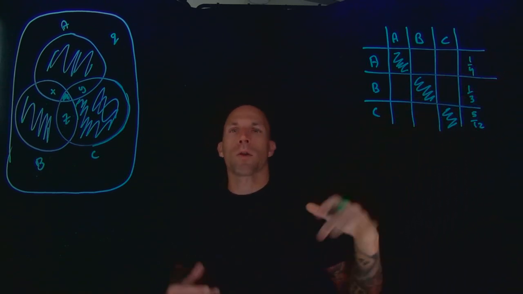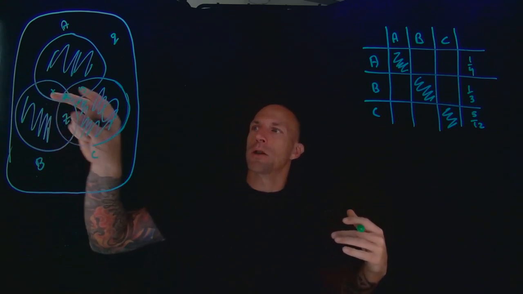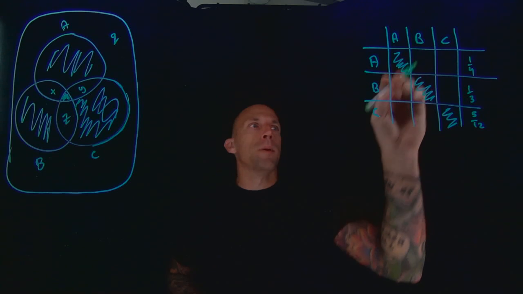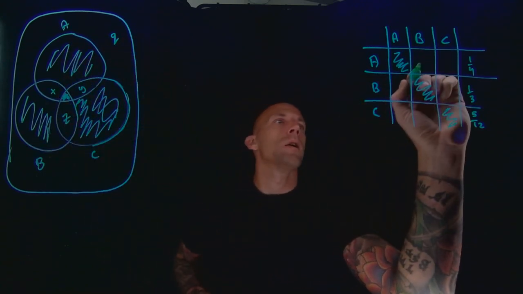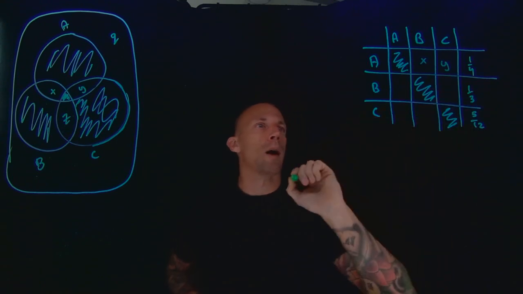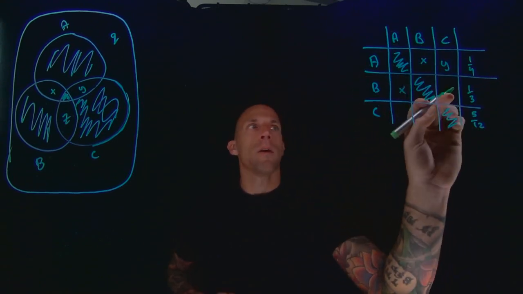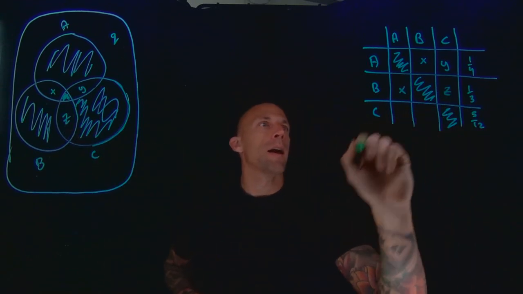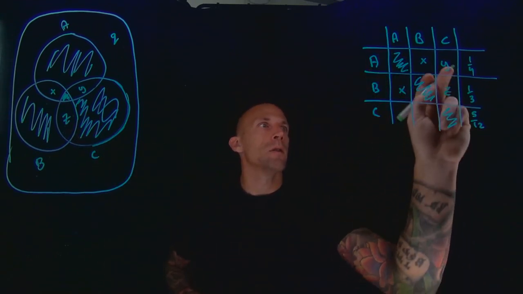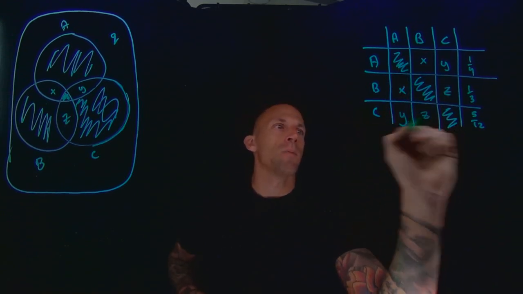The 1/4 value that we're given for A is going to be composed of the intersection of A with B and A with C. So just like here, A with B, A with C, X and Y. And then A with B is X, B with C, we're calling that Z, and then A with C, we've got that as Y, and B with C, we've got that as Z.